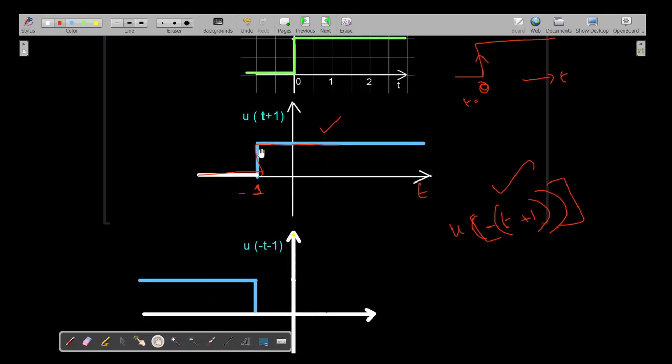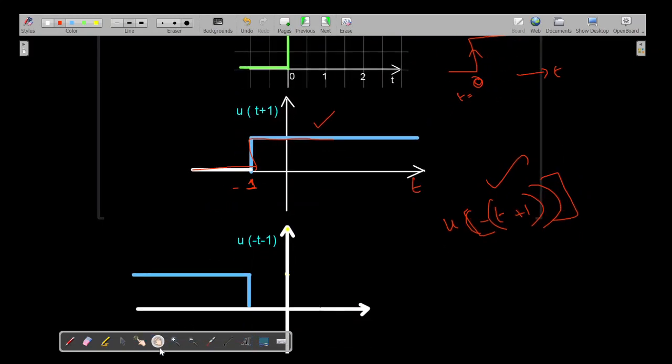If you assume that this particular line is your axis, and you are moving or rotating this line to the left side, you will get this as the answer. So this represents your time reversal. Okay, so the answer for this is this one.